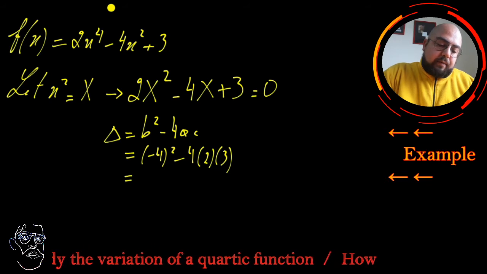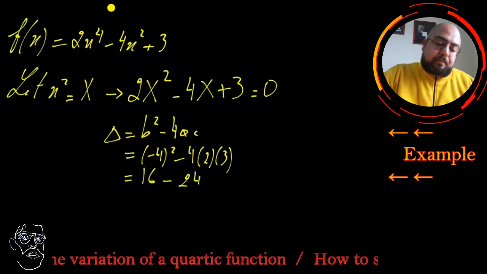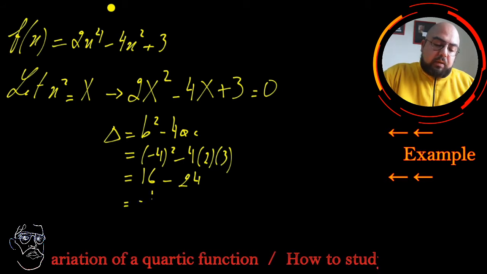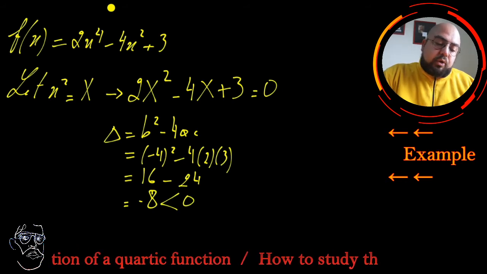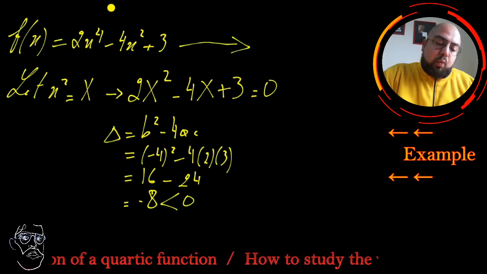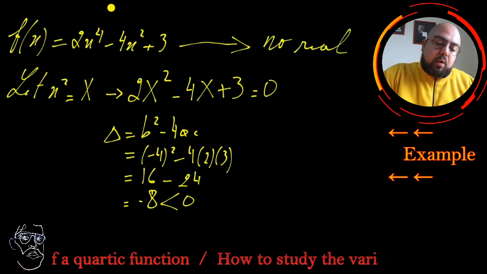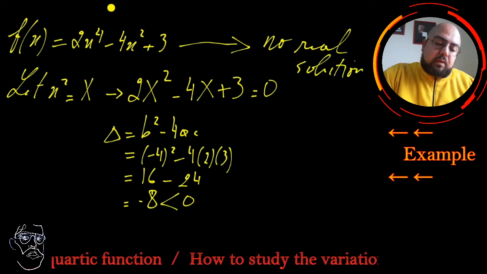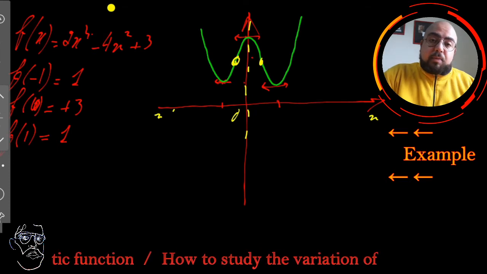So you will have 16 minus 24, which is minus 8, and it's a negative value. Again, it shows that this equation will not have any real solutions. That's why my curve does not have any intersection with the axis x prime or x.